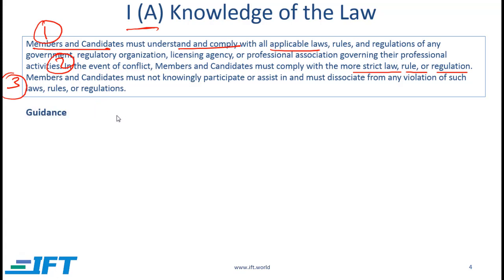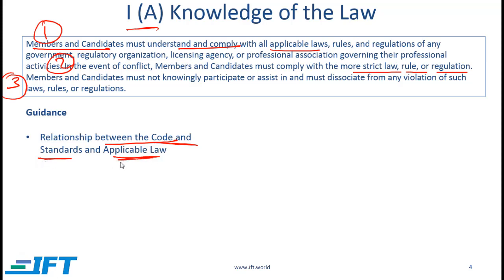All right, now what I will do is take the guidance segment in the curriculum and highlight the most important points. The first one has to do with the relationship between the code and standards. So this is the CFA Institute Code and Standards and the applicable law. To understand this point, let's say that you are an investment advisor and you live in Malaysia. You are a Malaysian citizen and your clients are also based in Malaysia.